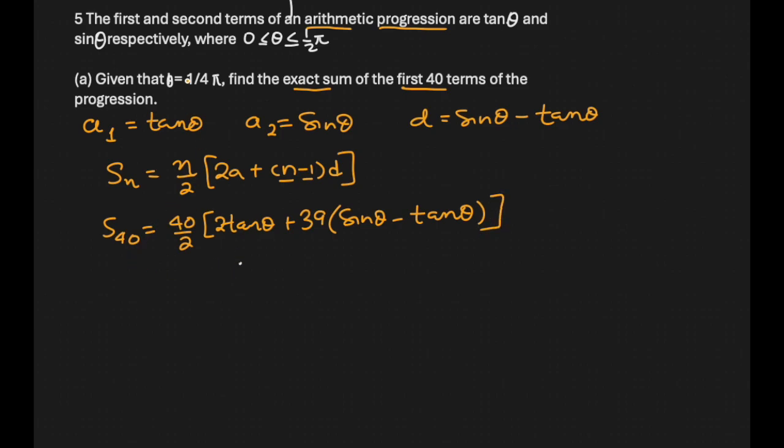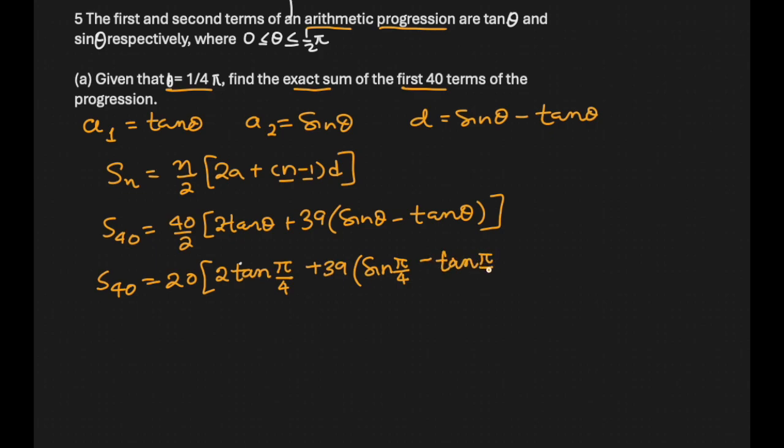Now we have to simplify this to get exact sum, and we have to substitute theta is 1 over 4 pi. So S40 equal to 20 times (2 tan pi by 4 plus 39 times (sin pi by 4 minus tan pi by 4)).